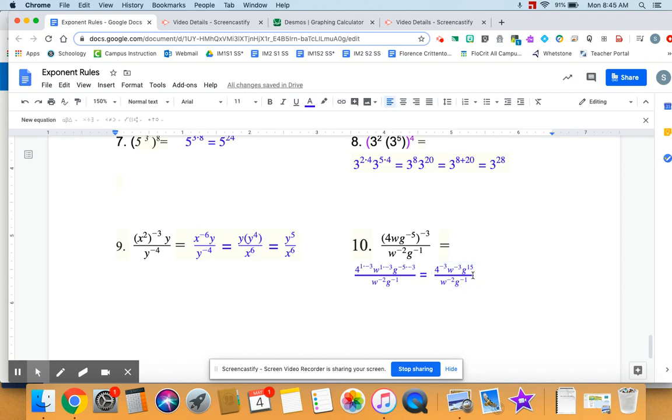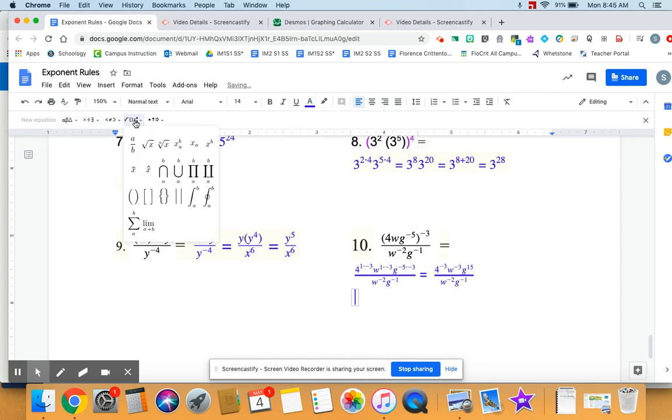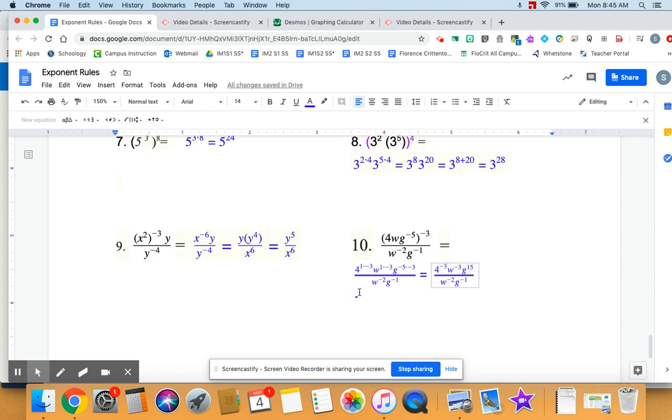So the next thing I want to do is start moving things that are unhappy. So from right here, this 4 to the negative 3 does not want to be on top. It wants to be on the bottom in the denominator, so 4 to the power of 3 moves to the denominator.